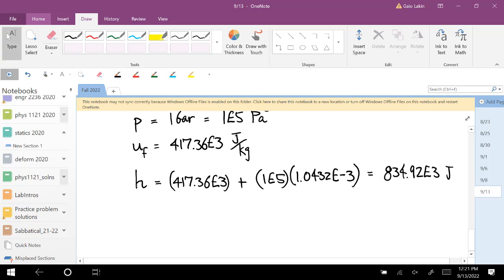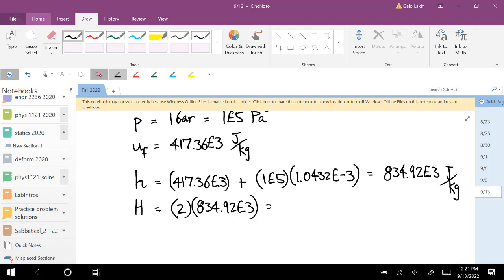We didn't want the intensive enthalpy, we wanted the extensive. So now you just have to multiply it by the mass. Units of that lowercase h are joules per kilogram? Yes, thank you. So 2 times 834.92 times 10 to the third, and you get what?